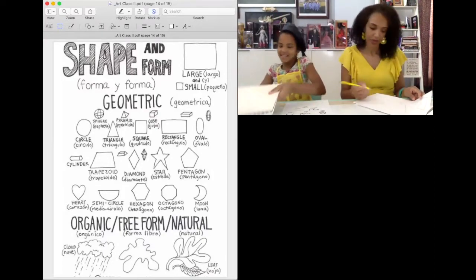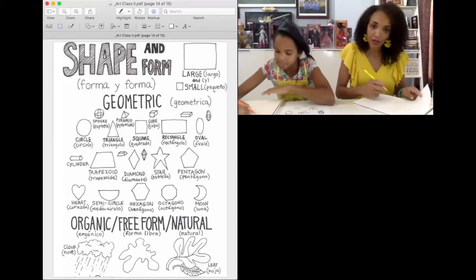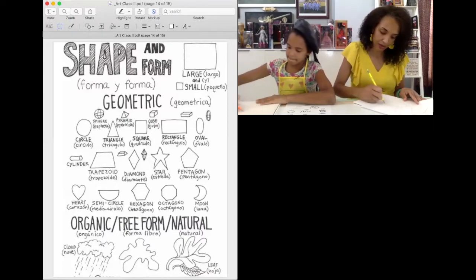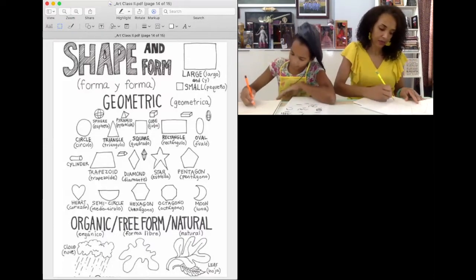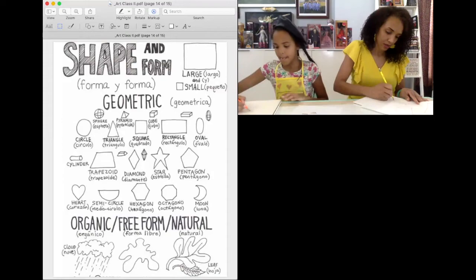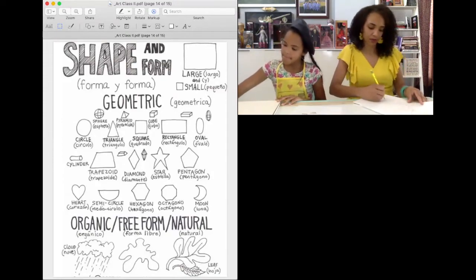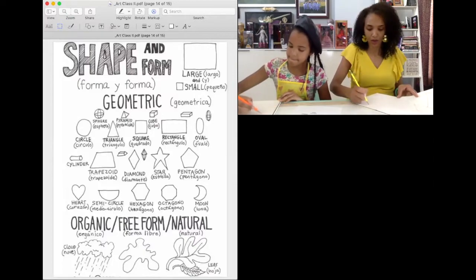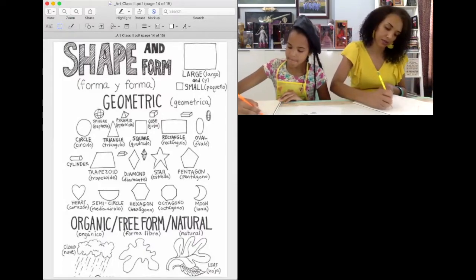You can also add color if you choose to add color, that's fine. I'm going to do that. Okay. And there we go. And we're going to do wavy lines.